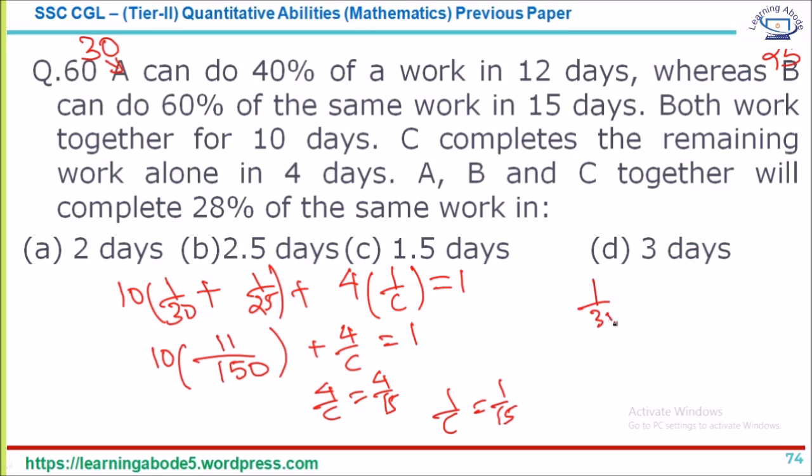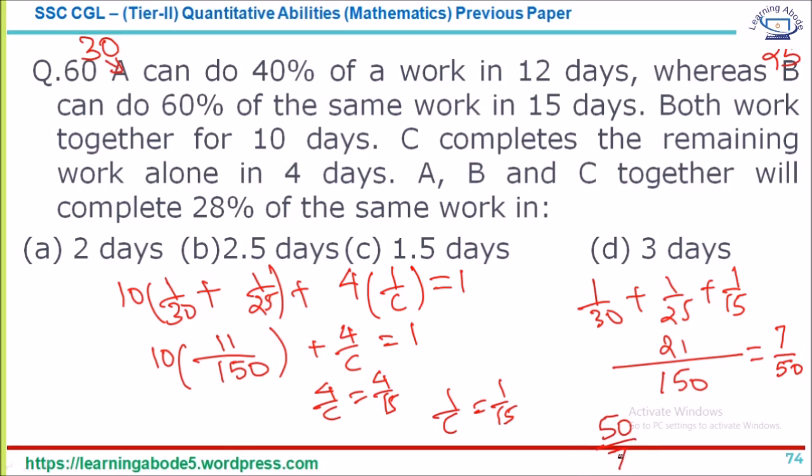Now 1 by 30 plus 1 by 25 plus 1 by 15. The LCM is 150, so 21 by 150, that's 7 by 50. Which means together they'll complete the task in 50 by 7 days.